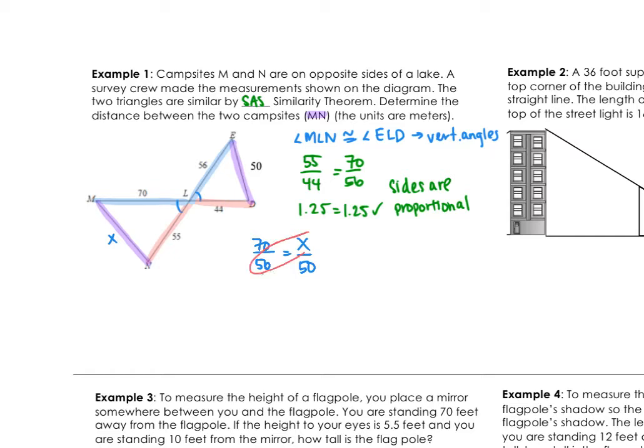Next thing we do is cross multiply. So this is 56x equals, and then we multiply 70 times 50, which is 3,500, and then solving, we just divide by 56. So 3,500 divided by 56 is 62.5.